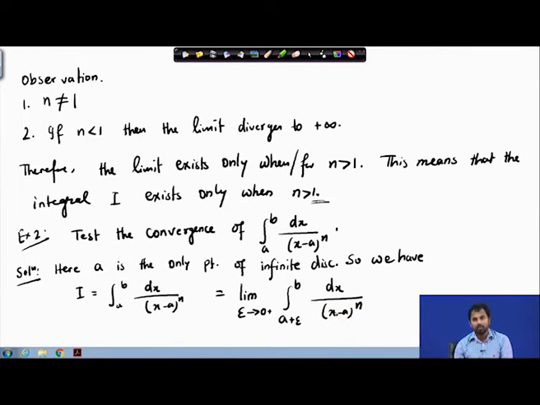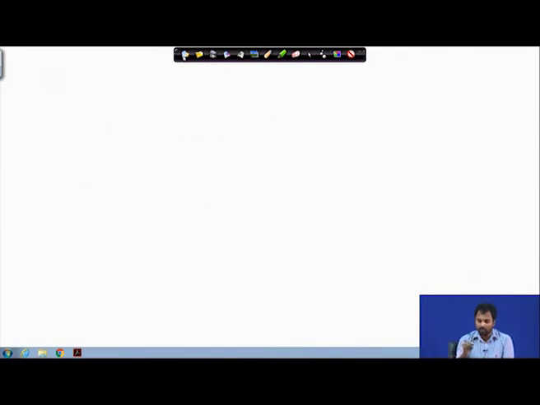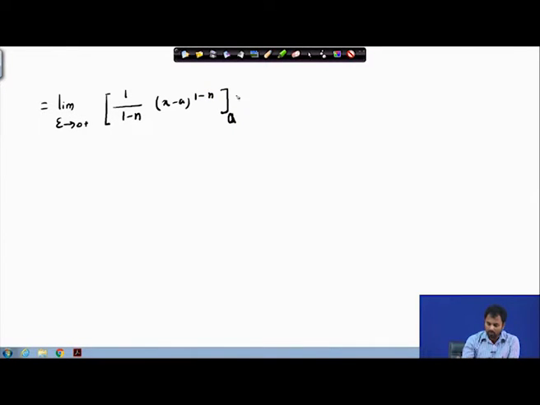And now, we can integrate. So, we can write this as limit epsilon goes to 0 positive. Once we integrate, this will reduce to 1 by (1 minus n) times (x minus a) whole to the power 1 minus n, from a plus epsilon to b.